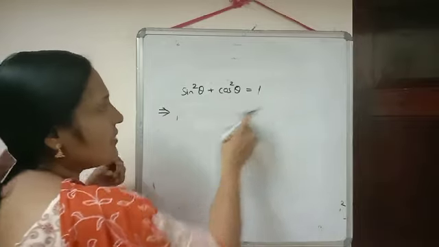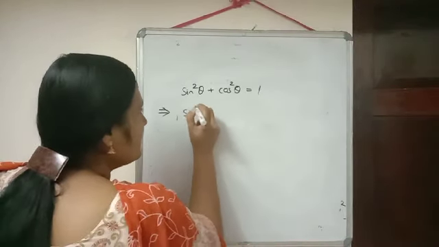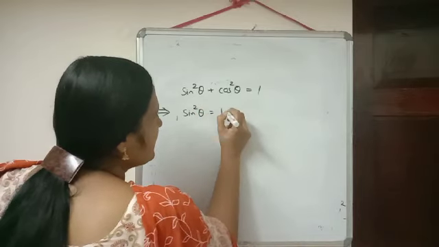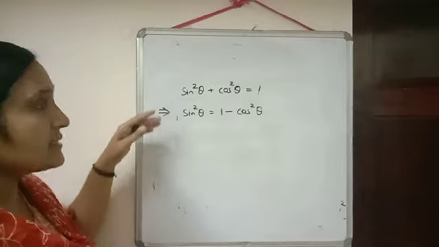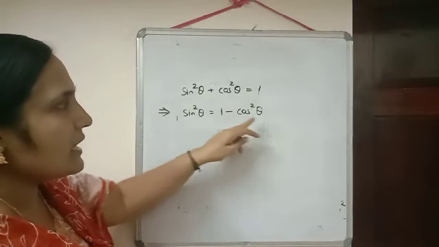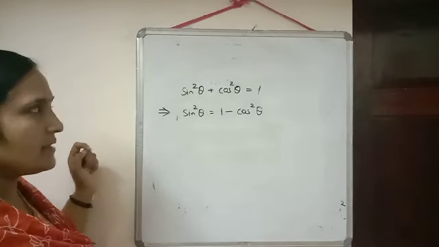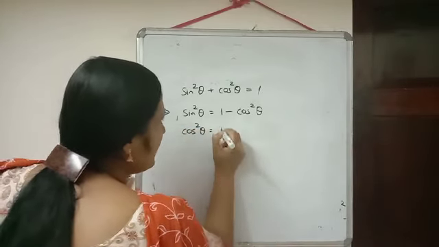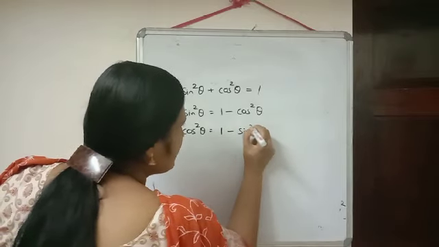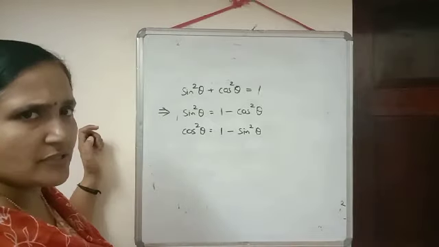If I shift cos square theta to the right hand side, sin square theta is equal to 1 minus cos square theta. In the same way, cos square theta can also be written as 1 minus sin square theta. All these we can use in the given questions.